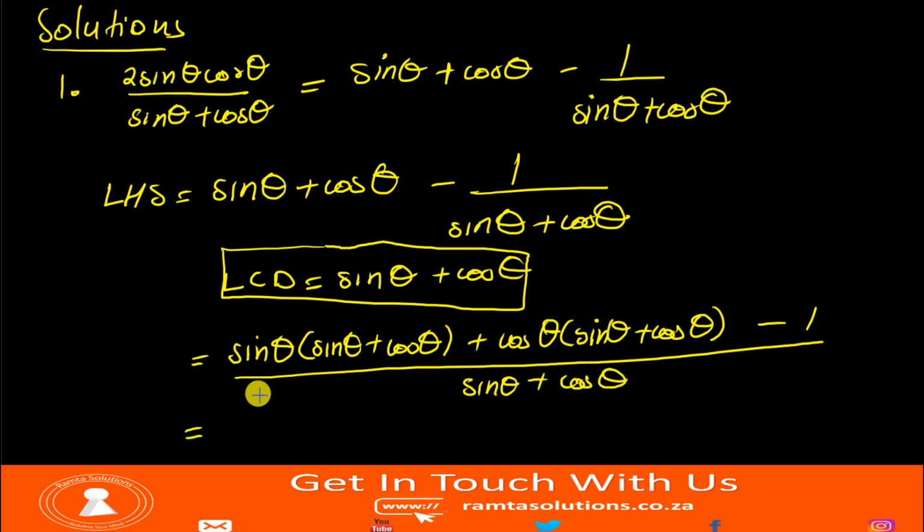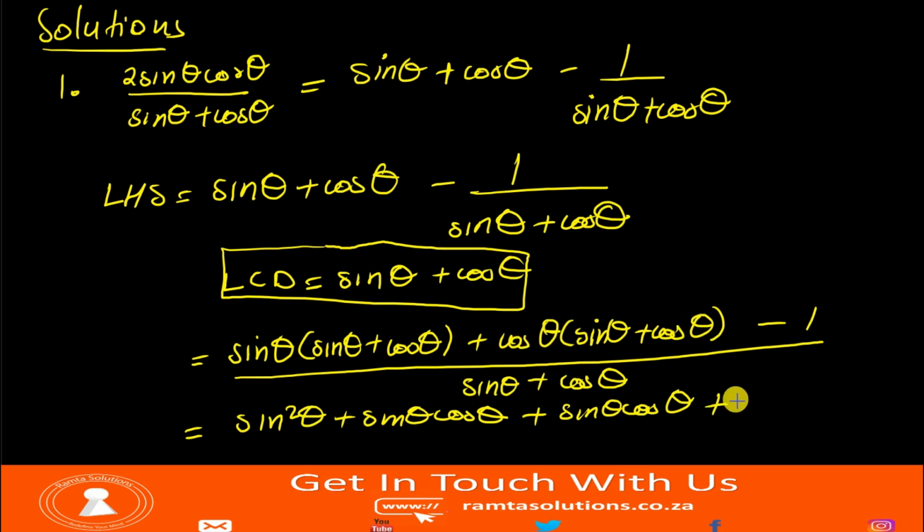Now what do we have? We have sine theta times sine theta is sine square theta plus sine theta cos theta. Sine theta again plus sine theta cos theta. Alright? Now cos theta times cos theta will be plus cos square theta.